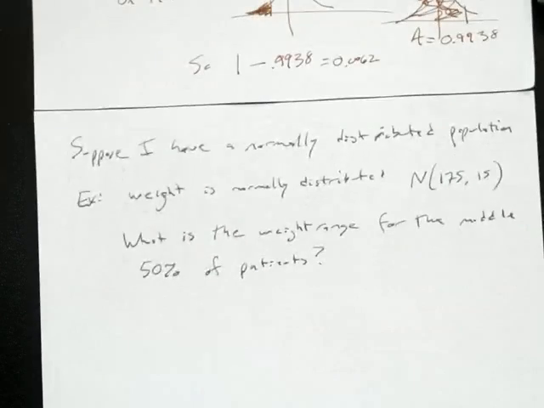I would like to know the middle 50% weight range. I expect half of the people who come to this doctor's office to be weighed to be between what and what. I'm sorry, half of the adult males who come to be weighed to be between what and what. First thing I'm going to do is draw a picture.